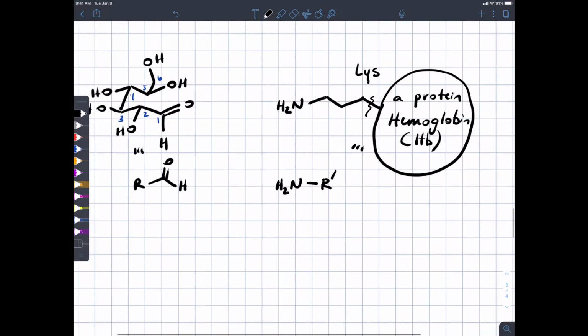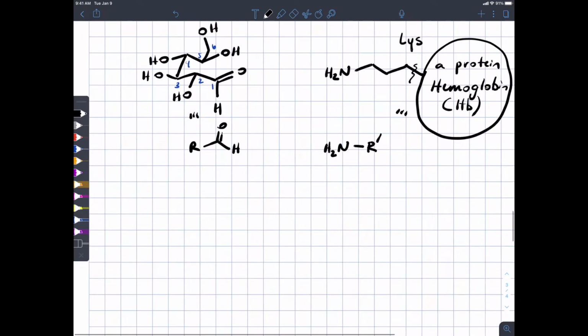Okay? So what happens when the amine encounters the aldehyde? Well, the amine is maybe not strong enough to attack the aldehyde without the aldehyde being protonated. So we're going to show the aldehyde getting protonated. There's enough hydronium at pH 7 that there's at least a little bit of this present.